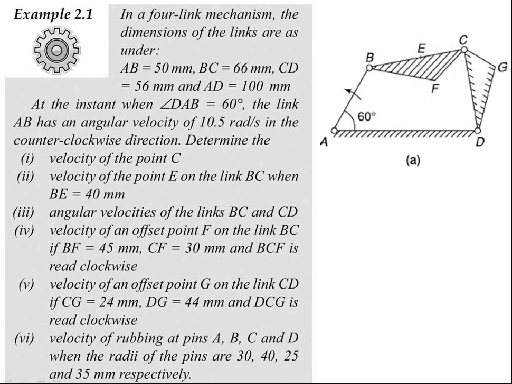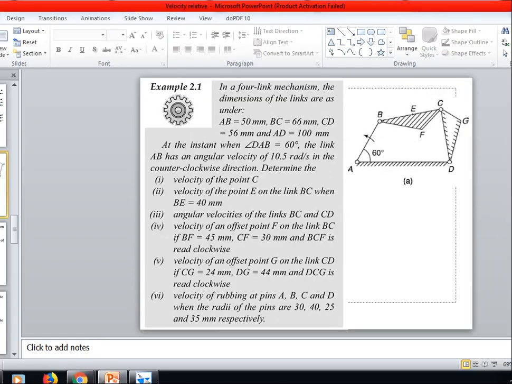So if you want to take the velocity at point B, the direction is given as counterclockwise. So suppose you want to draw the velocity, what will be the velocity vector, in which direction? It will be perpendicular to the AB link, and in this direction with respect to counterclockwise.